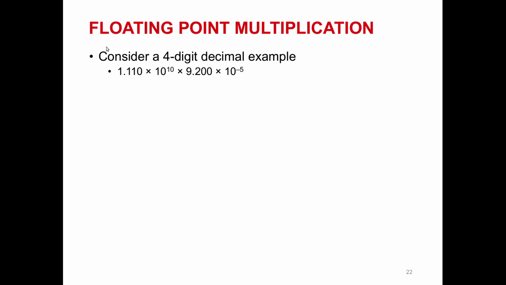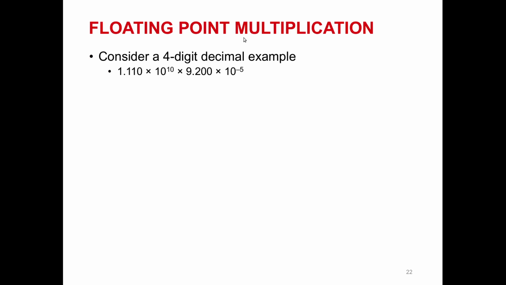Here is how we do the multiplication for floating point. Again, we consider the same values in decimal and multiply together: 1.110 by 10 power 10 multiplied with 9.2 multiplied with 10 power minus 5.